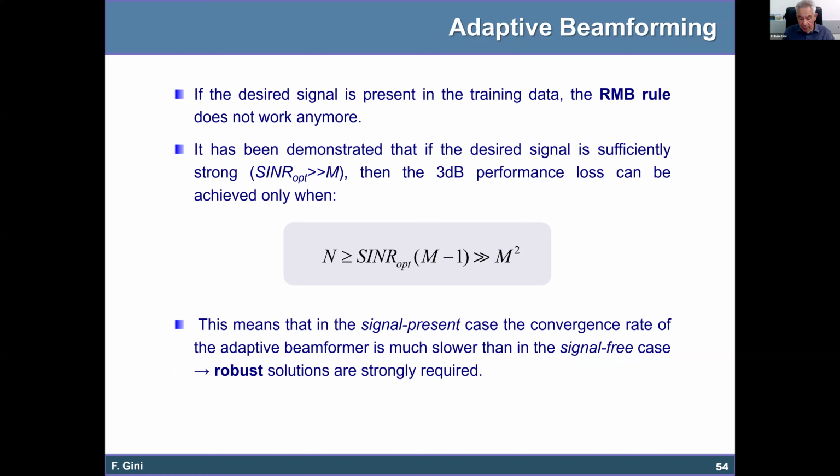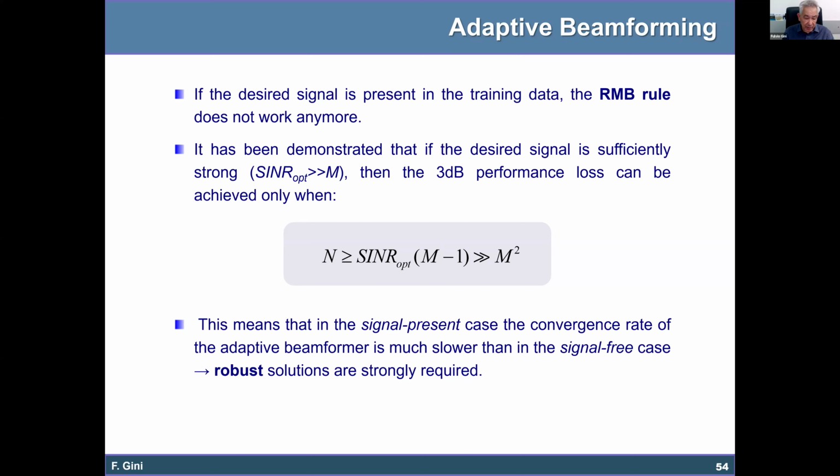Now, before showing some numerical example and before telling you how to cure this problem, let me remind that the Reed, Mallett, and Brennan rule basically can be applied only when we have secondary data vectors that are not affected by the signal.